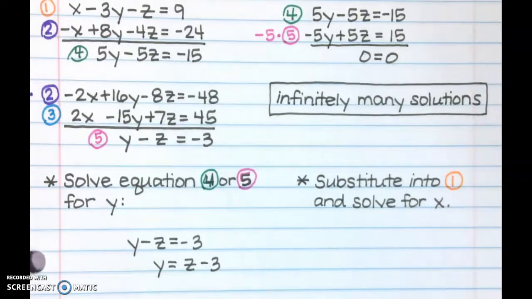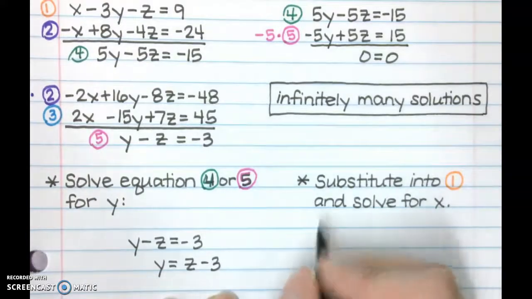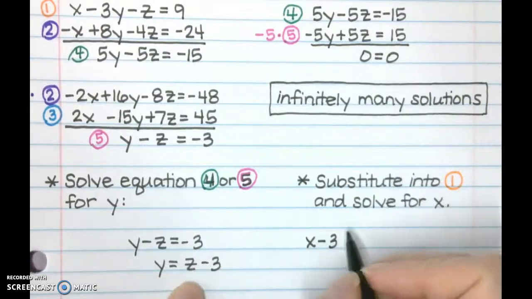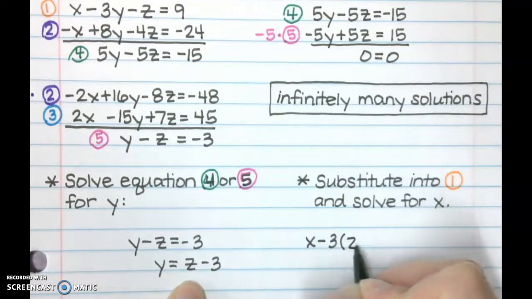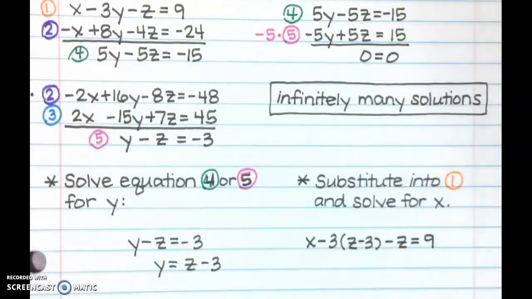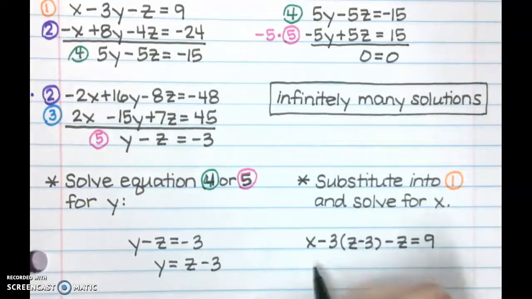And then I'm going to substitute that into equation number 1 to solve it for x. So equation number 1 was x minus 3 times y. Well, we know y is the same as z minus 3. Minus z is equal to 9. We're solving this for x. So I'm going to go ahead and simplify here.